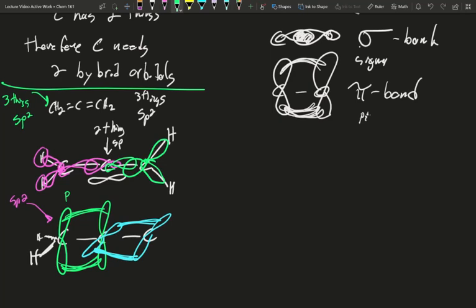Instead of on the edge of a piece of paper, this is looking straight down on a flat piece of paper. This carbon over on the right looks like it is trigonal planar, but you're looking straight down on it. And the carbon over on the left is trigonal planar, but you're looking at it edge on. The net effect is these hydrogens have to go up.